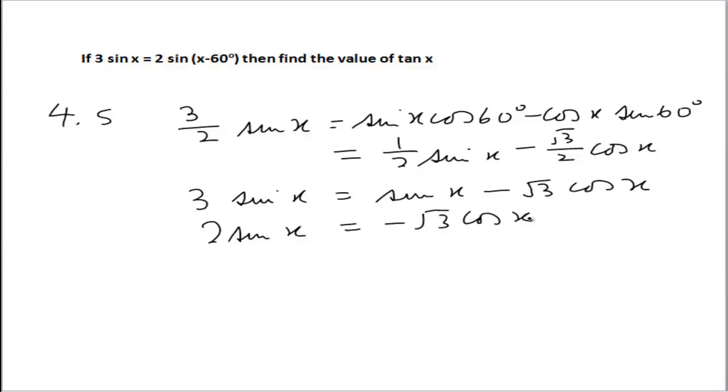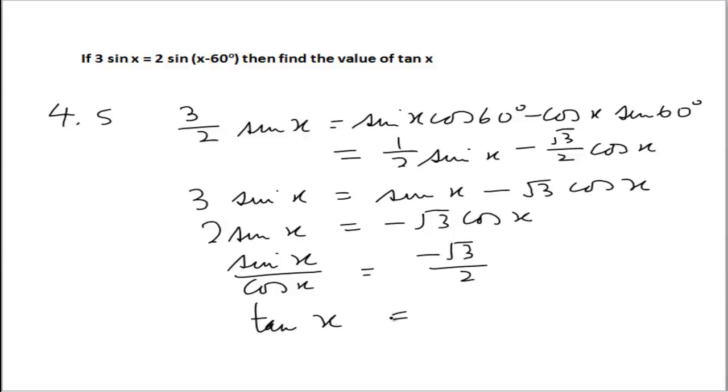Now if I transpose the factors, which is also fine, sine of x over cos of x is equal to minus root 3 over 2. Sine of x over cos of x is tan of x, which is minus root 3 over 2.